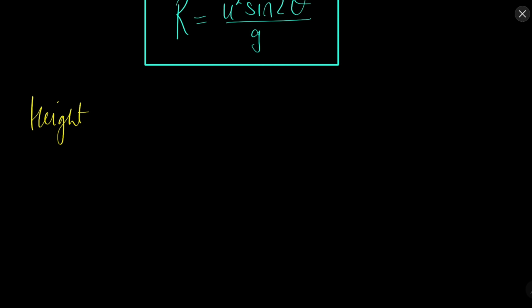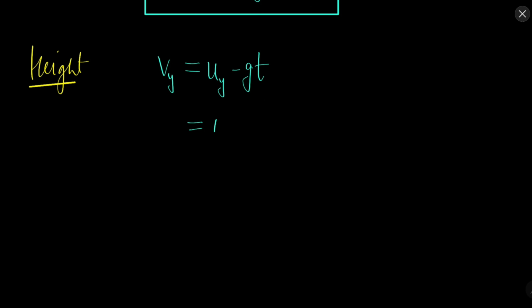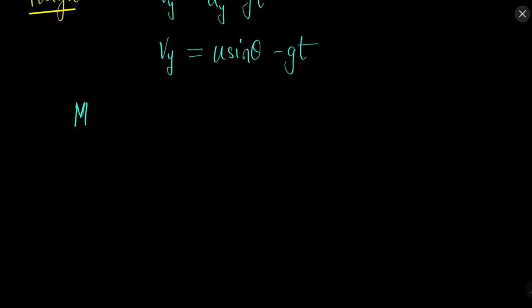Maximum height, okay. For maximum height, again let's take the vertical axis, because we are discussing vertical height. The velocity will be u sin theta minus gt, as we know. For maximum height the velocity will become 0.